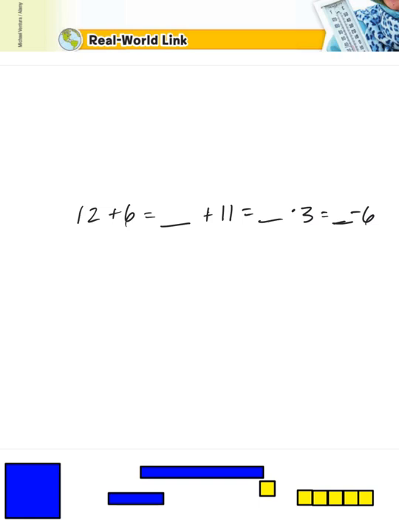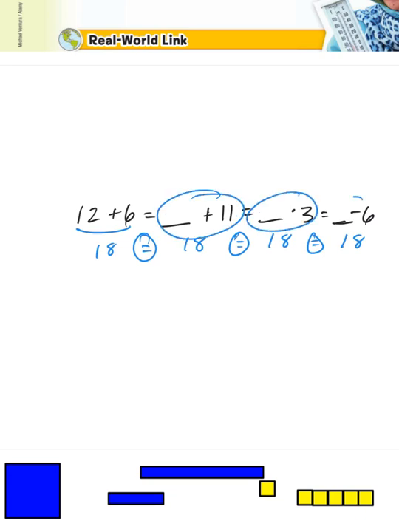Okay, so if you pause this, you should have discussed, and what you should be coming up with is that this equals 18. So this needs to equal 18, and this needs to equal 18, and this needs to equal 18. Because that's what this equal sign means, is that these expressions here, here, and here are all equivalent to this expression here.